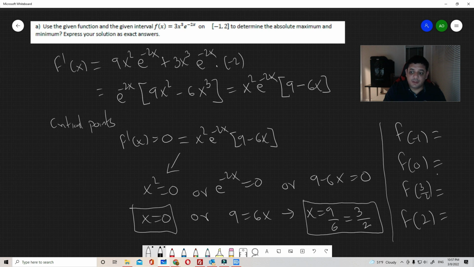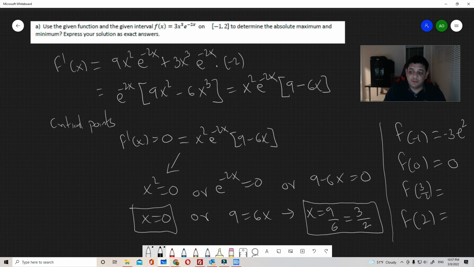So first, if I plug in 0, notice that that's going to be easily 0, since it's an x cubed multiplying everything else. If I plug in -1, now -1 cubed is going to be -1. So I'm going to have a -3 e to the, and on the top, I'm going to plug in the -1, and that's going to become a 2. So it becomes -3 e to the 2.